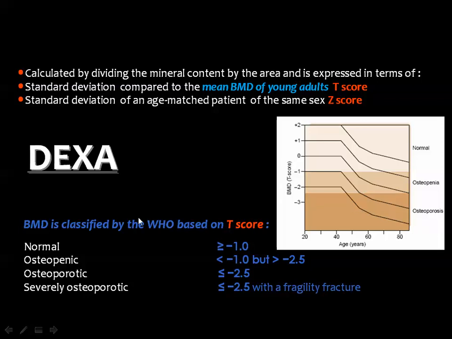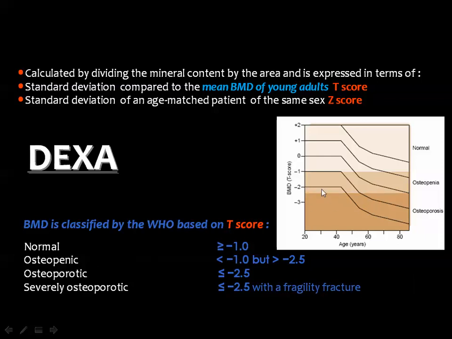Then the T-score, as stated, was based on WHO measurements. If it is in the range of -1, that's to say that you are here in this area, and this is normal. If you go lower down from -1 to -2.5, then this is osteopenia.